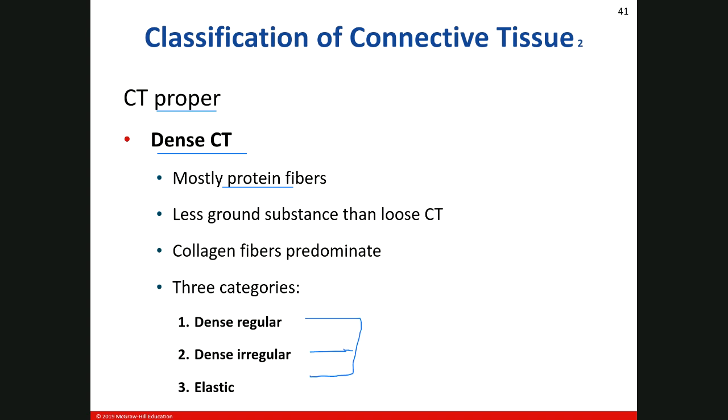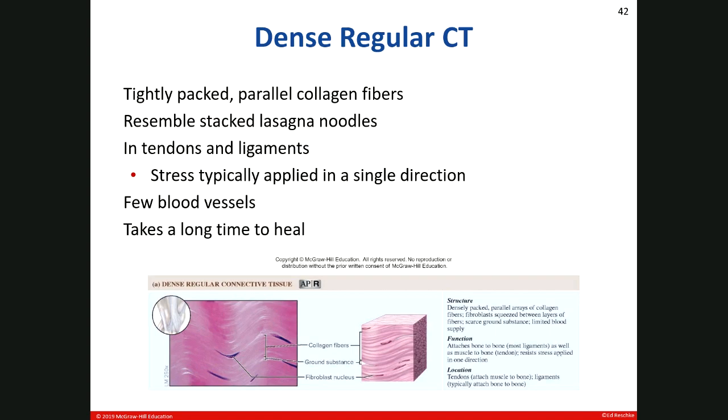Okay, the first one we see in tendons and ligaments. This is the lasagna noodle configuration. You can see how all of these collagen fibers are laying virtually right on top of one another. And there's little white spots here. That's the ground substance. There's hardly any ground substance here. This is a nucleus here for a fibroblast.